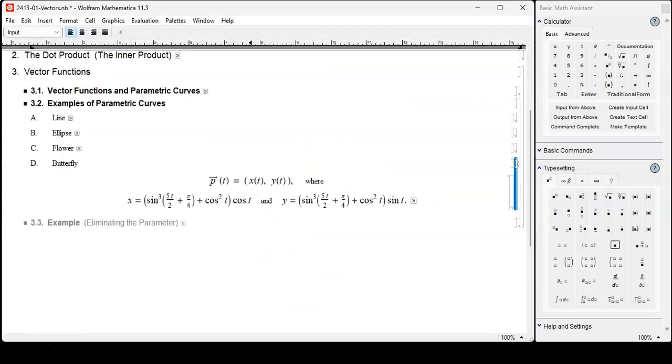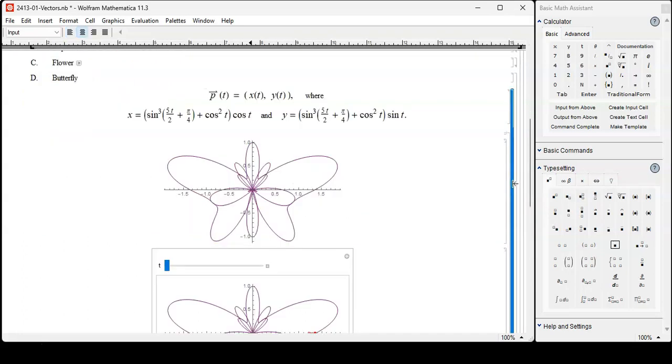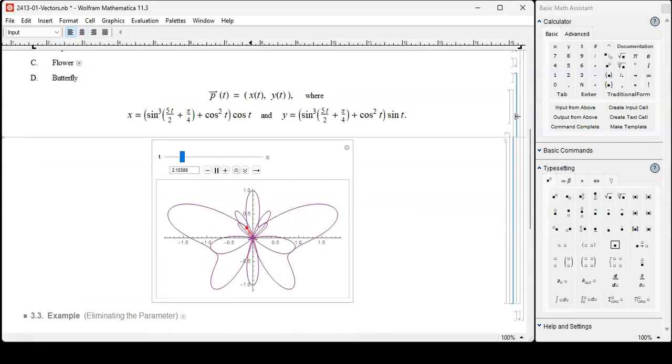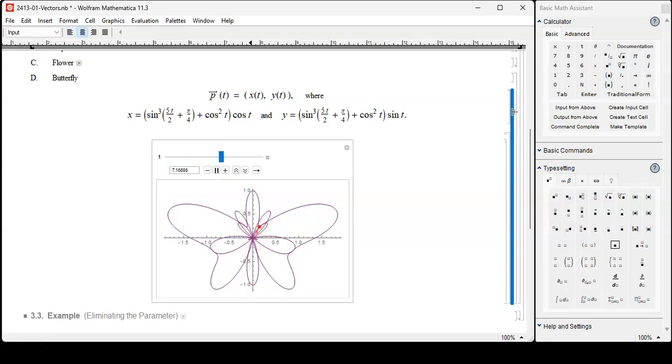Here's another example. This one I named a butterfly. Okay, here we go. And this kind of motion is associated to the behavior of this x function and y function.